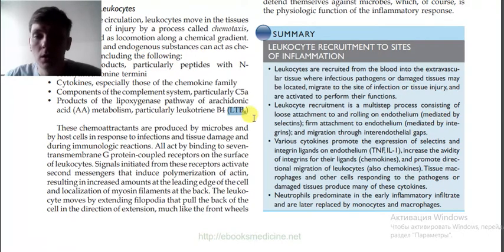Try to remember this way: selectins are activated on endothelial cells first of all. Two of the selectins, E and P, are produced on the surface of endothelial cells as a response to inflammation, and L-selectin ligand is also produced on endothelial cells.